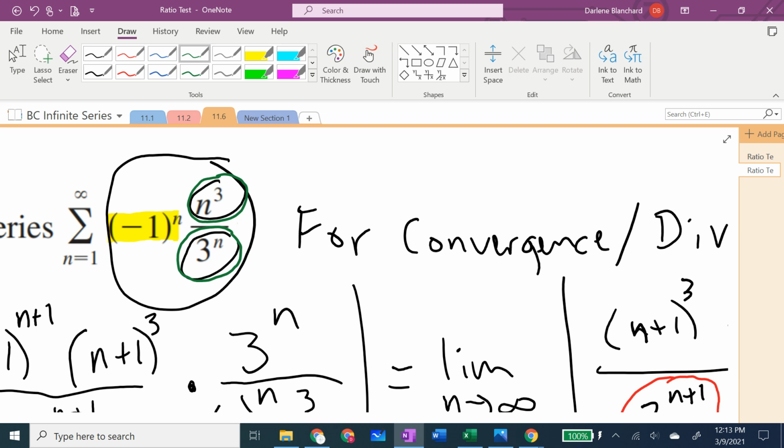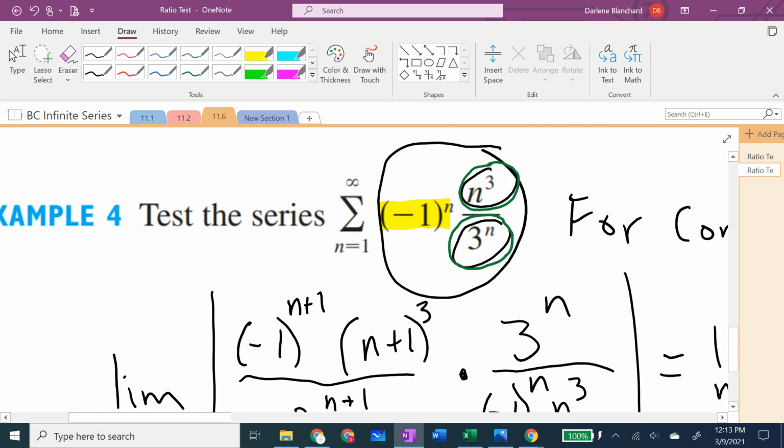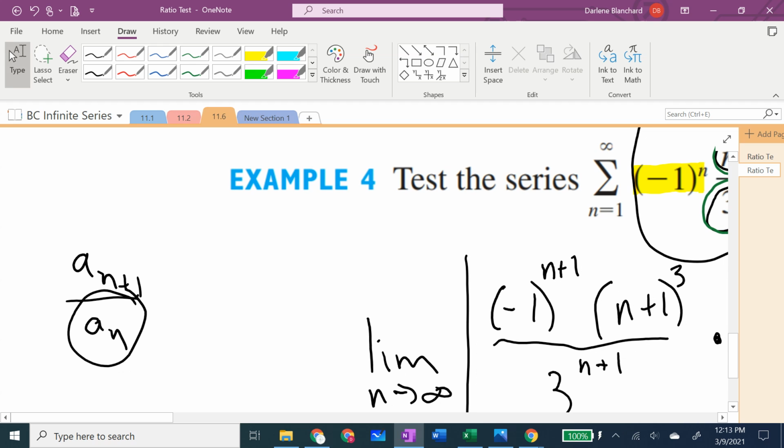But the ratio test allows us to work with that mixture. We can algebraically cancel the 3 to the n plus 1, we can cancel that function away when we are looking at the ratio.